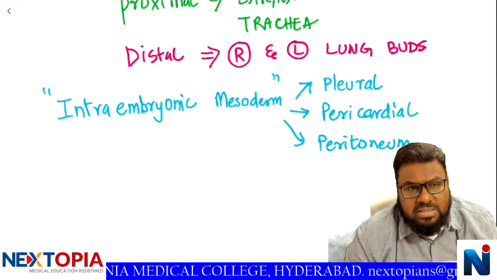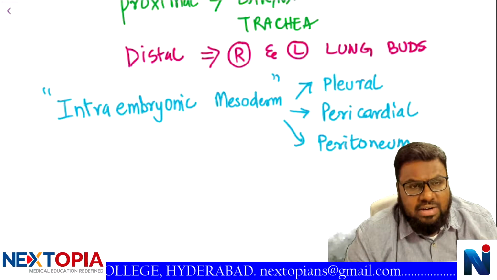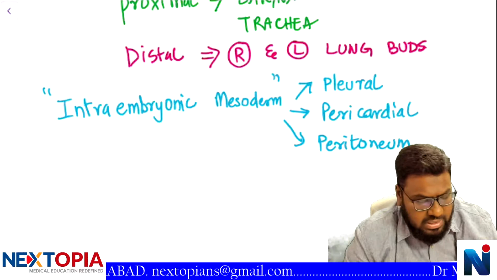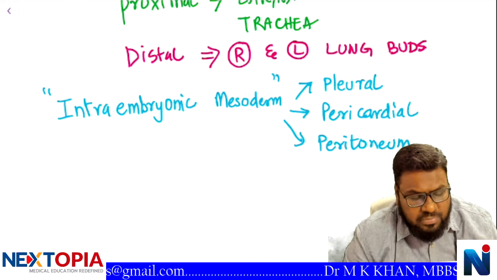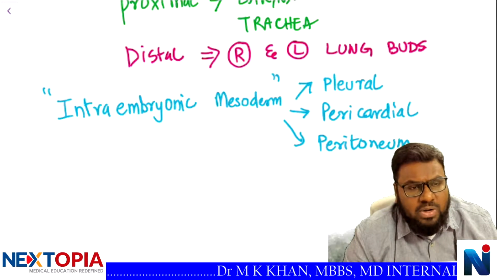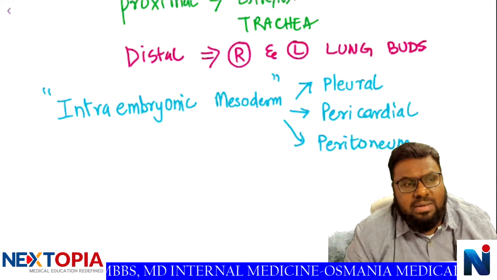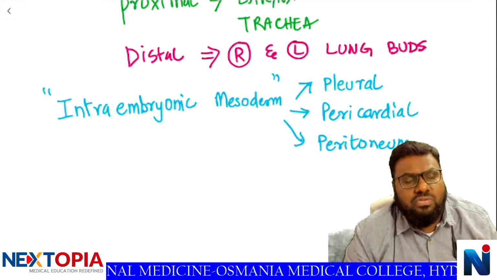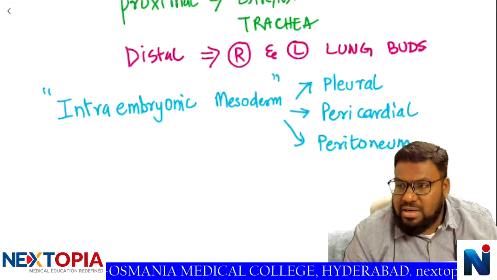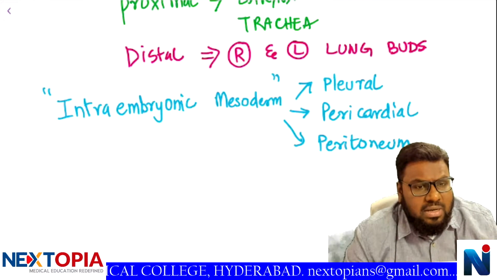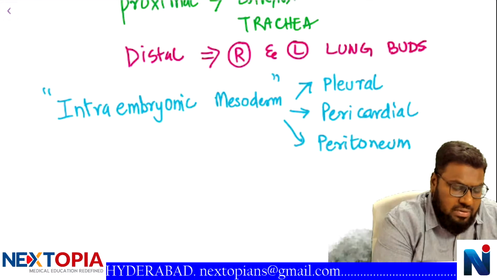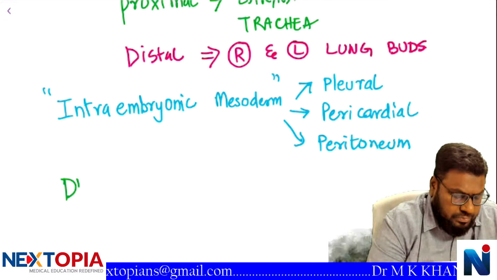The pericardial space develops into the pericardial cavity from the mid portion of the intraembryonic mesoderm, whereas the caudal portion, the right and left limbs of the intraembryonic mesoderm, are responsible for the formation of the peritoneal cavity.